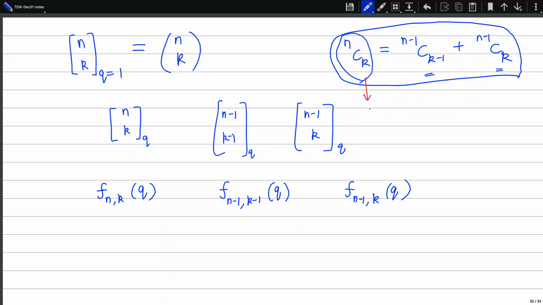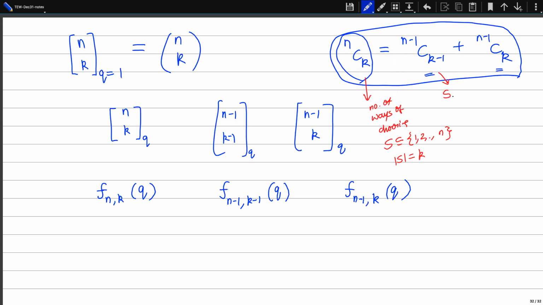This is the number of ways of choosing any subset S from 1 to n whose cardinality is k, right? k objects from n objects. But what is this? This is the number of ways of choosing S such that, n minus 1 choose k minus 1, right?